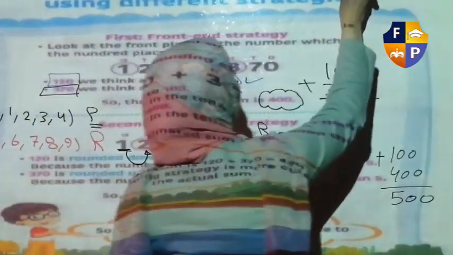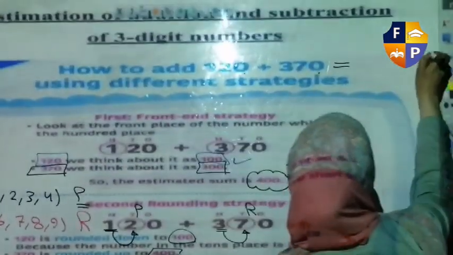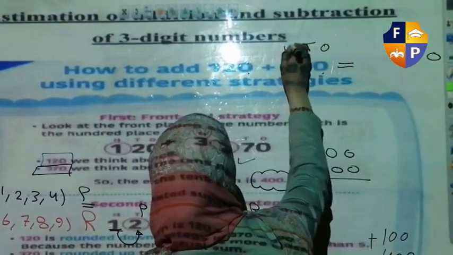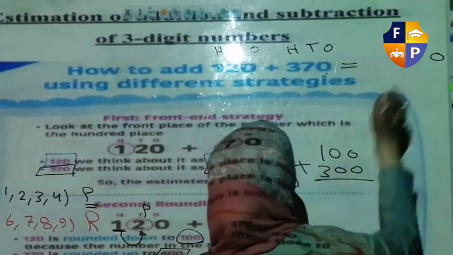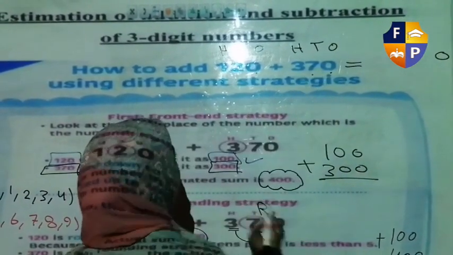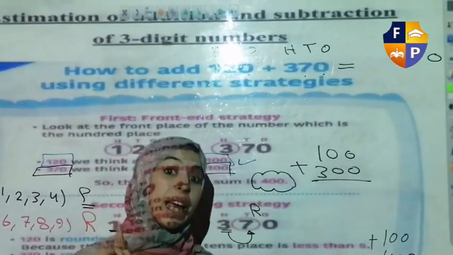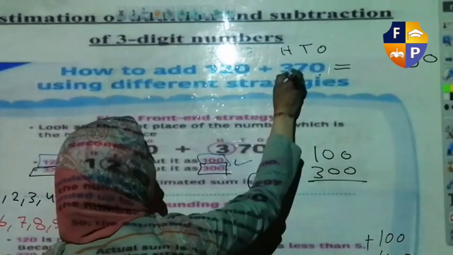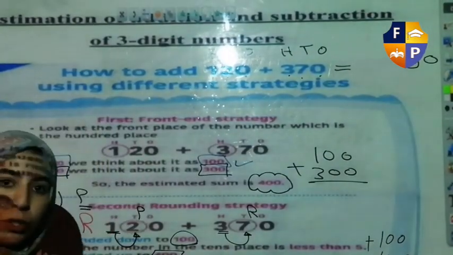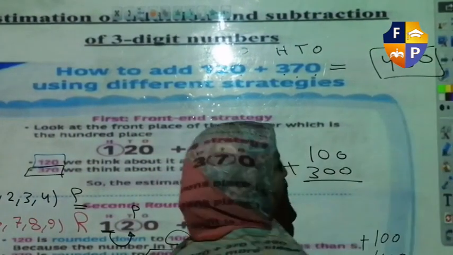If I want to do my addition operation, 0 plus 0 equals 0, then tens with tens. 2 plus 7, 7 in my mind, 2 on my fingers. After 7, 8, 9, yes, 9. Then hundreds with hundreds. 3 plus 1, after 3, 4. This is the actual sum.